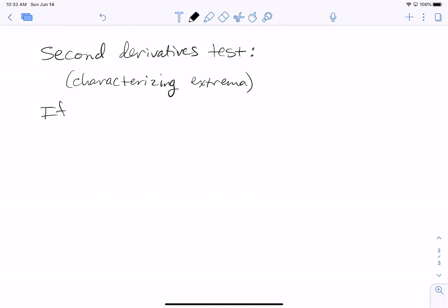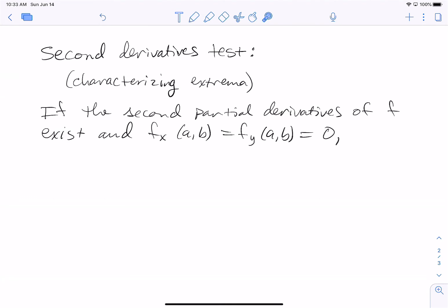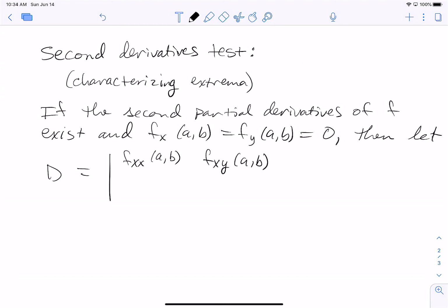If the second partial derivatives of f exist and the first partial with respect to x and the first partial with respect to y evaluated at (a, b) are both 0, so we have a critical point, then we define a value D, which is a determinant: the second partial with respect to x both times, f_xx at (a, b), and the mixed partial f_xy at (a, b), that's the first row.